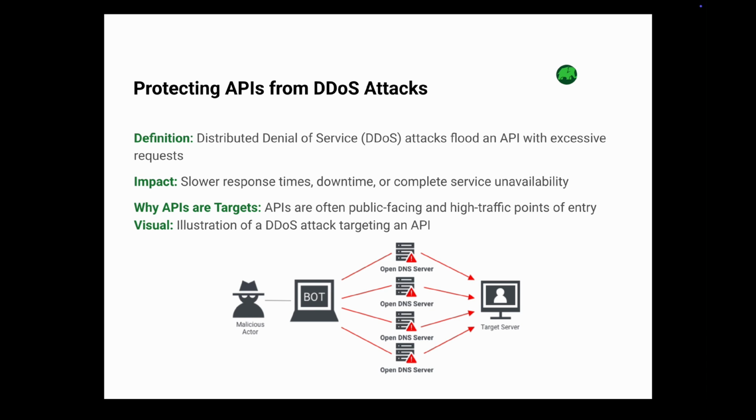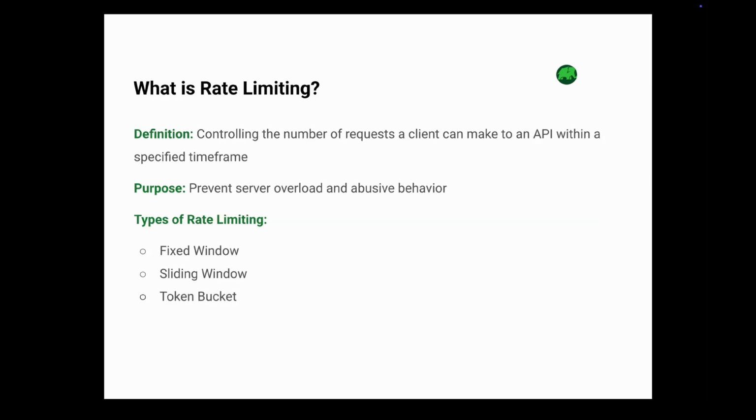To defend against this, we use rate limiting. Let us explain what rate limiting is. Rate limiting is like a bouncer at the entrance of your API. It controls how many requests a client can make within a specific time frame. Its purpose is to prevent server overload and block abusive behavior.